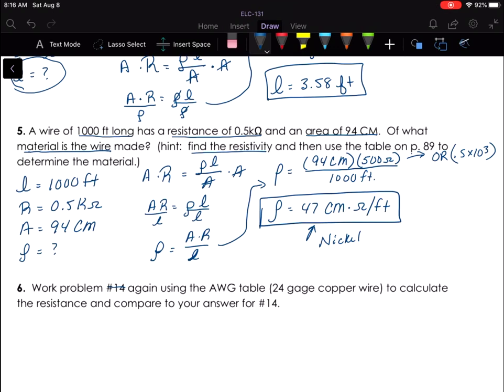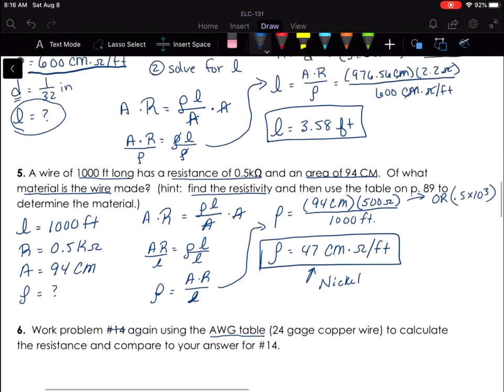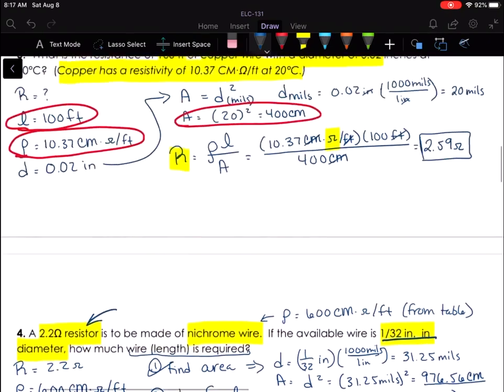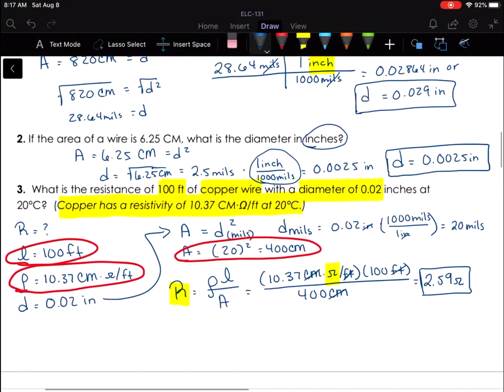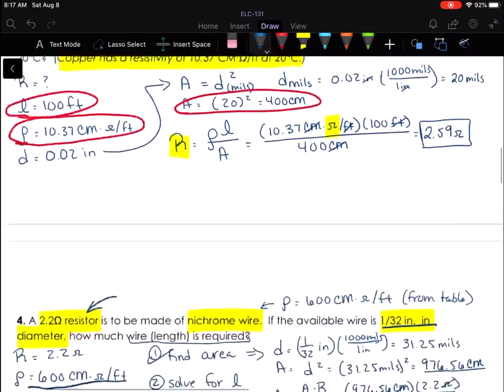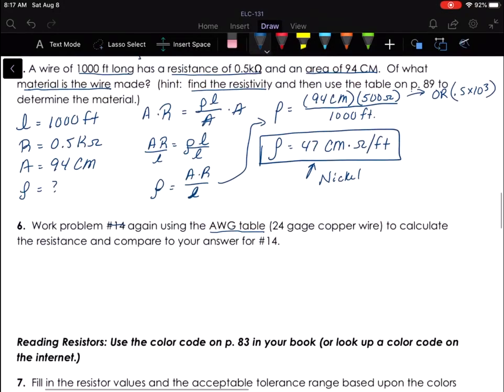There's actually something called the American Wire Gauge Table, and if you look in your book, you will see that in Chapter 3, the AWG table. In the table, and we're going to use this problem up here, number 3. If we want to calculate the resistance of 100 feet of copper wire with a diameter of 0.02. So let me write that in.